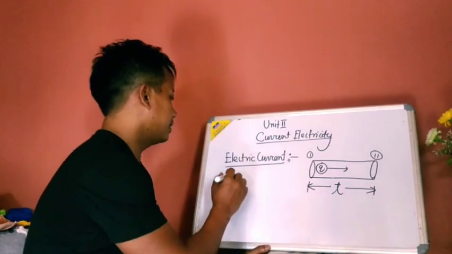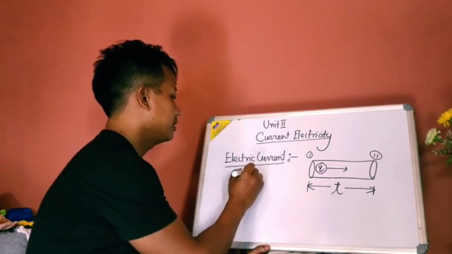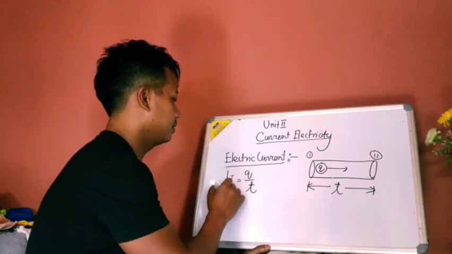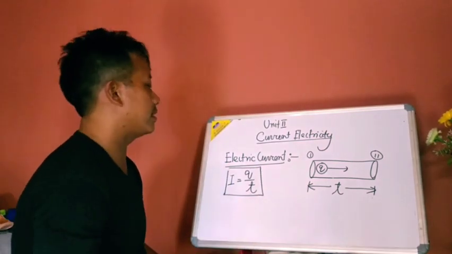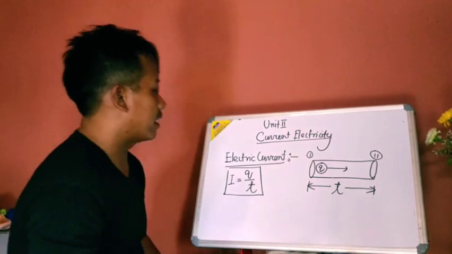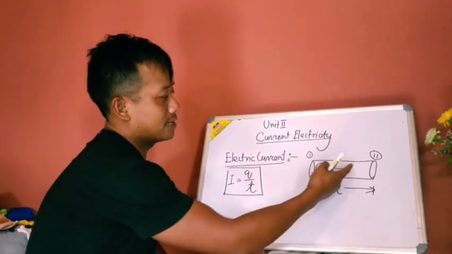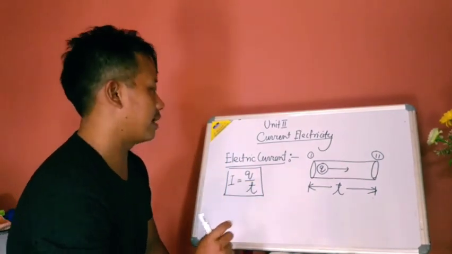Then electric current is defined as the charge flowing through the conductor per unit time. So electric current is a quantity which gives the amount of electric charge passing through the conductor per unit time. This is known as electric current.